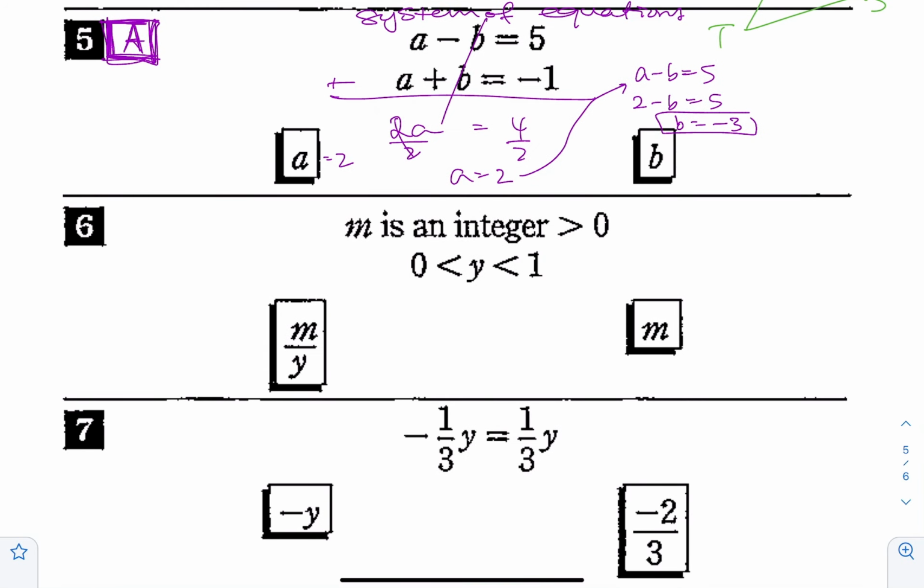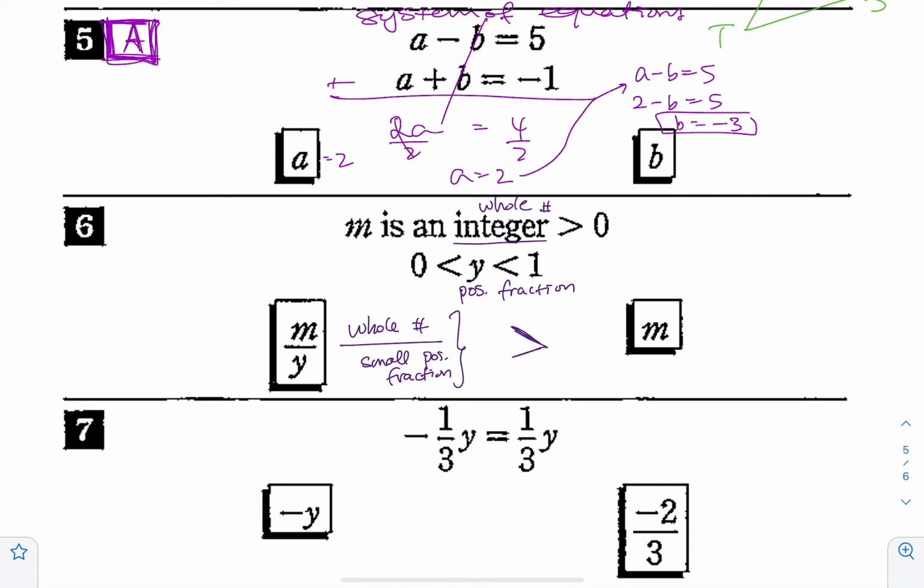Next, for number 6, you have m is an integer that's greater than 0, and then y is between 0 and 1. So y is a positive fraction. And m is an integer, so it's a whole number, and is greater than 1. So when you take m as a whole number and you divide by a small positive fraction, this will cause the result to be even greater than m.